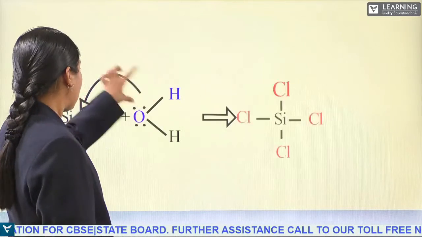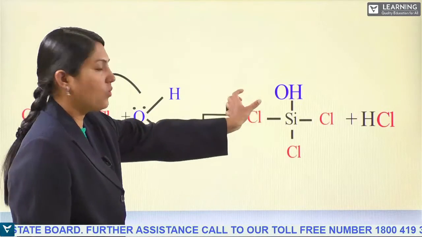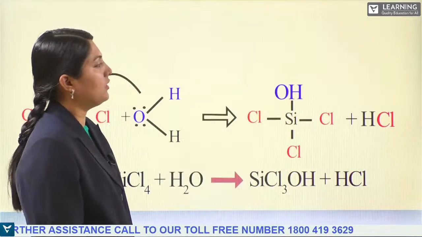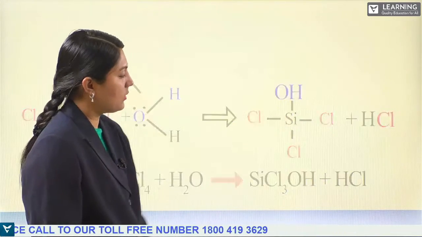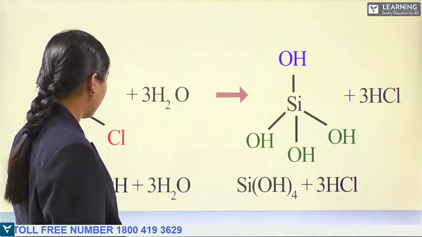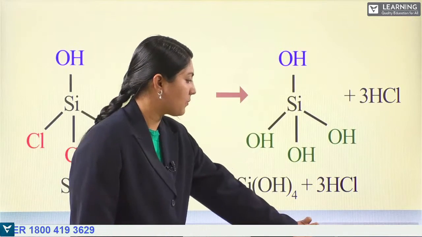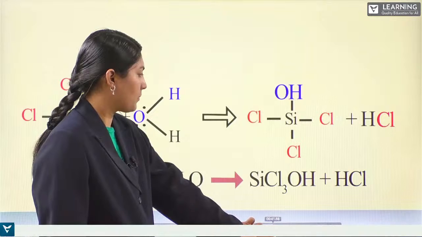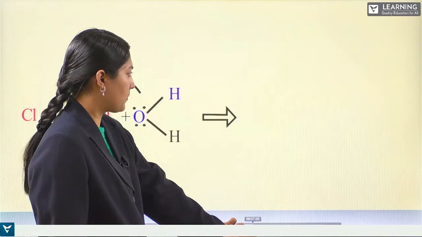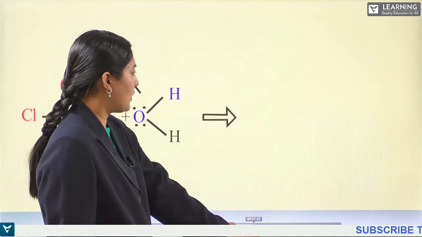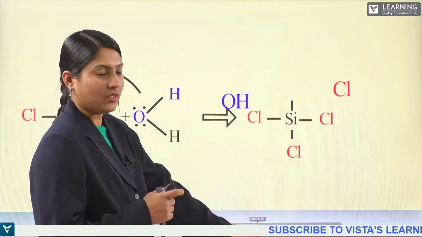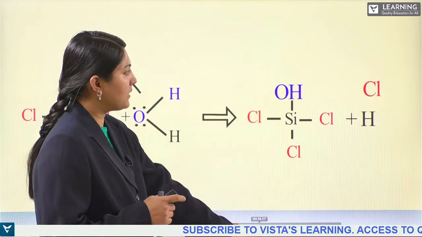This will react with OH, and OH will shift to the silicon and chlorine will be removed. Can you see this? When we take this silicon tetrachloride, chlorine has been displaced.